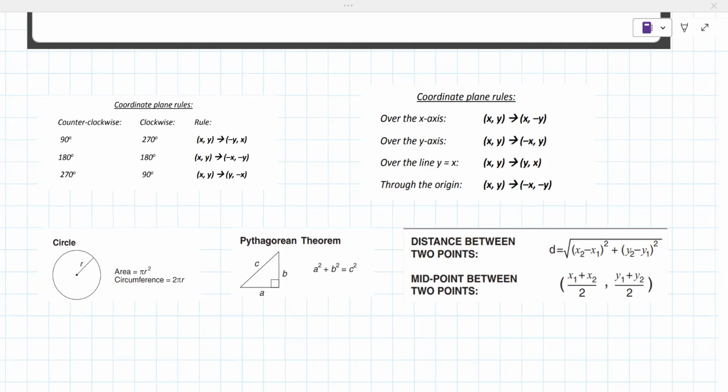Almost done. I'm doing the distance between and the midpoint.